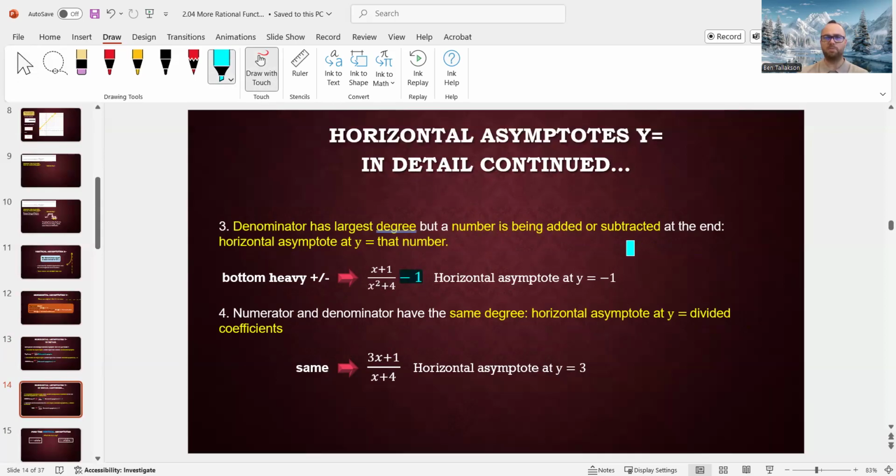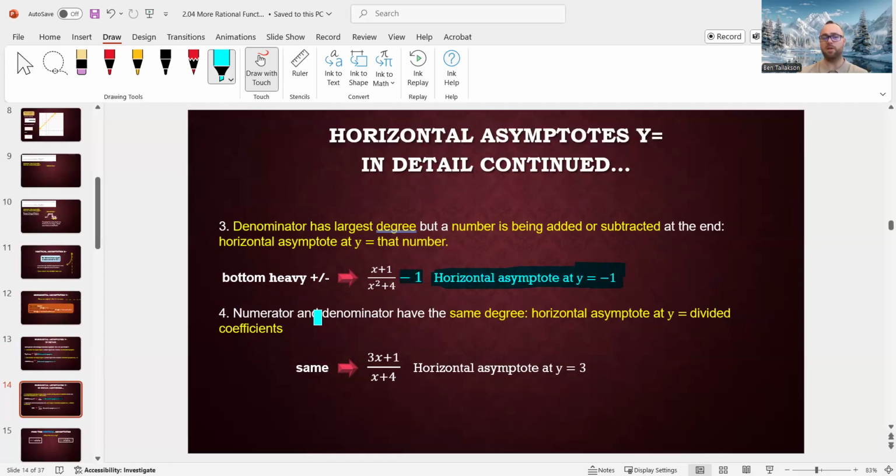So if a number is being added or subtracted at the end, the horizontal asymptote is at y equals that number. So if that's -1, that horizontal asymptote is at y equals -1, similar to midline, if you think back to those sinusoidal functions.